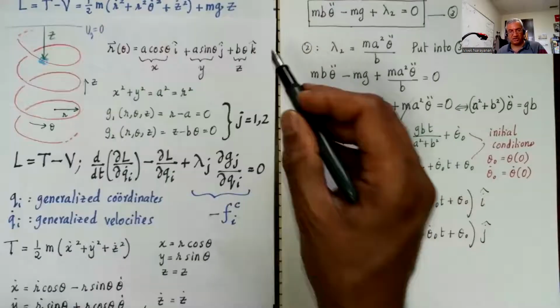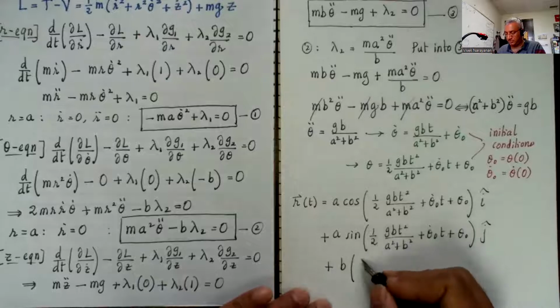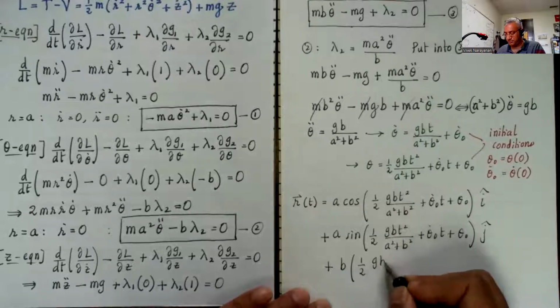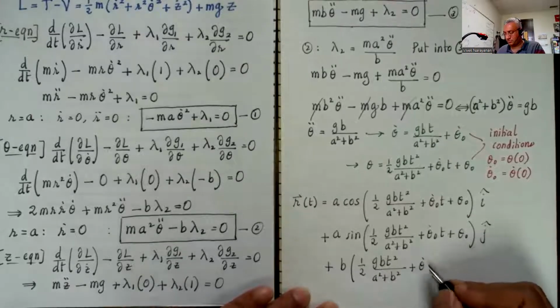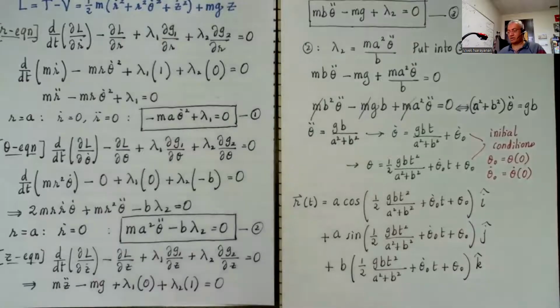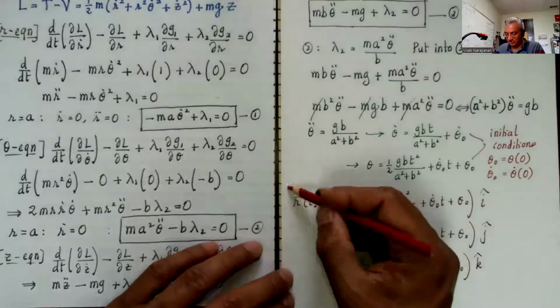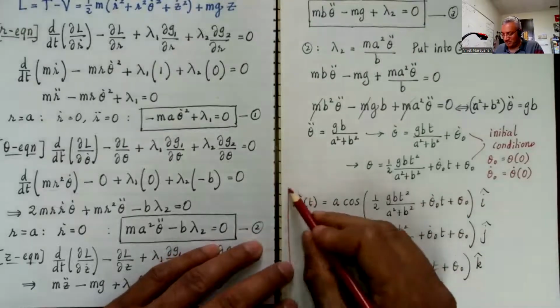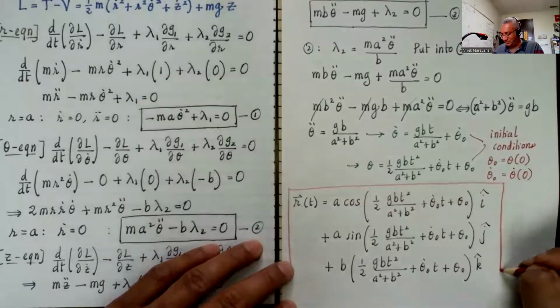It's just b theta. So for b, I'll just write b times all of this. Okay, should I box this? Maybe. So we have finished an important part of our exercise.